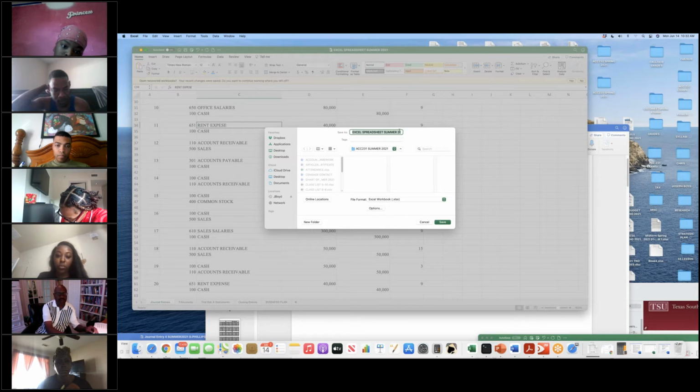What's the difference between the temporary accounts and the permanent accounts? Because I don't know where common stock goes. Okay, that's a good question. Let me get this saved.